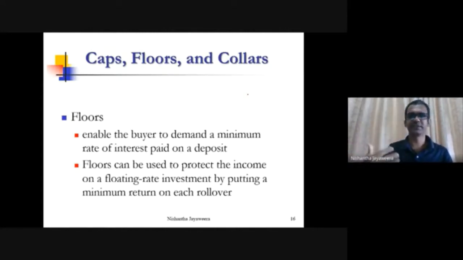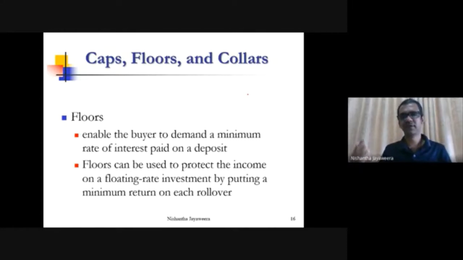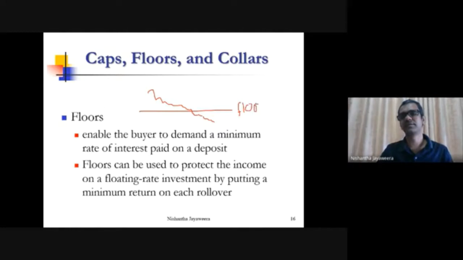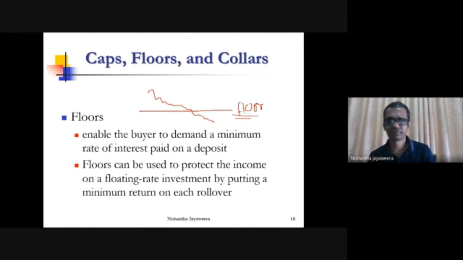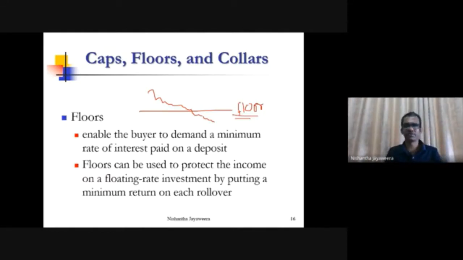If you receive interest on a floating basis, you don't want that interest to go below a certain point. You want to stop here. Have a minimum interest income. Establishing that, we call it a floor.